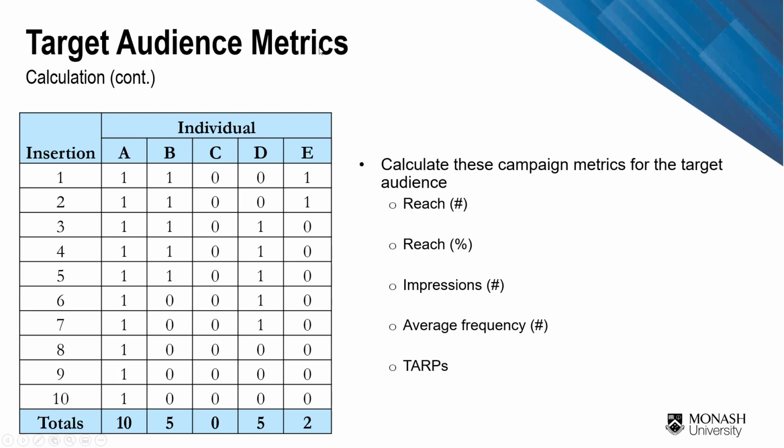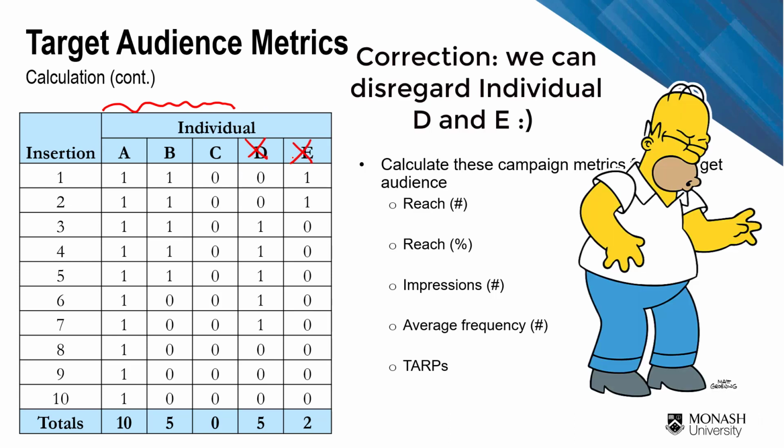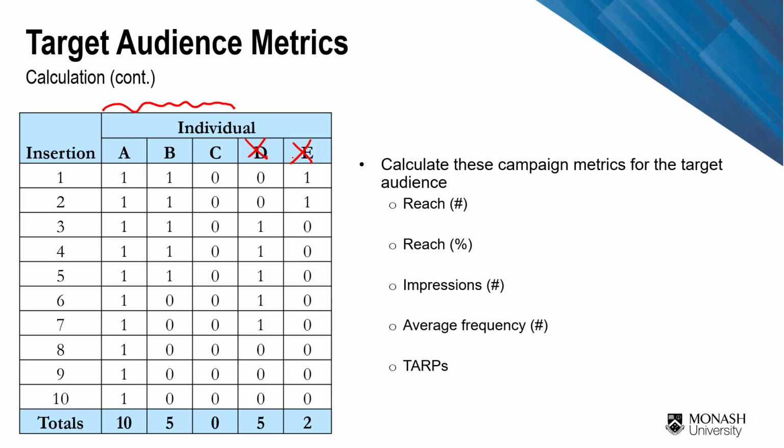Since we are only focusing on individuals A, B and C, we do not really care about individual D and individual E. So in this case, my reach will be equal to 2. Not 5, but 2. Why? Because individuals D and E are not part of our target group.